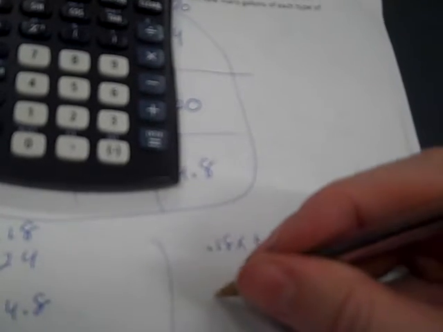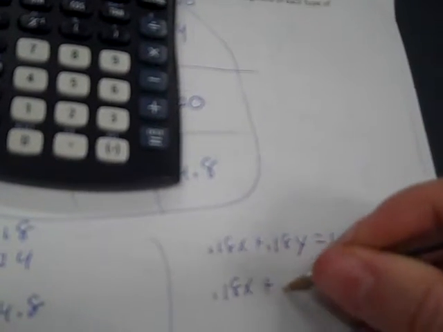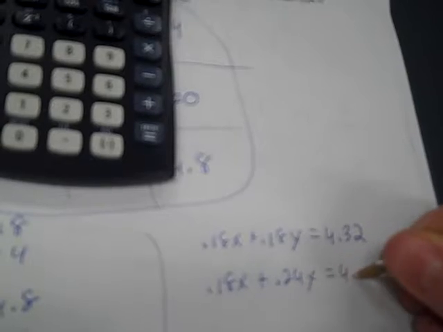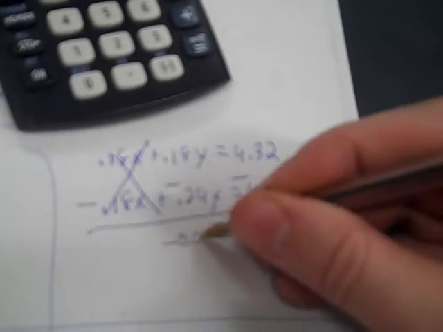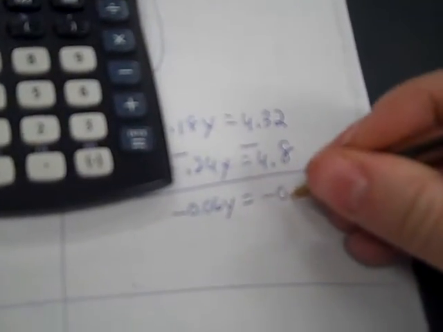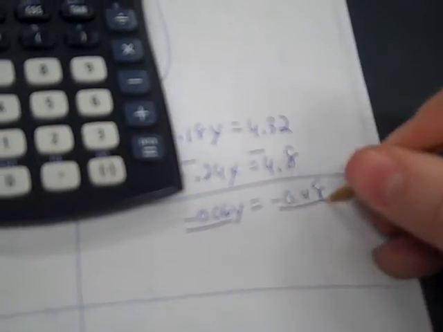Okay, and the bottom remains the same. It's the identity property. All these become negative, and these cancel. Okay, so 0.18 plus negative 0.24 is negative 0.06Y. Okay, and then 4.32 plus negative 4.8, and that's going to be negative 0.48. And then I divide.